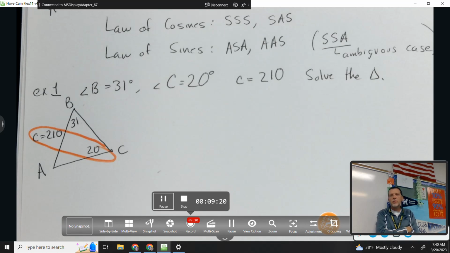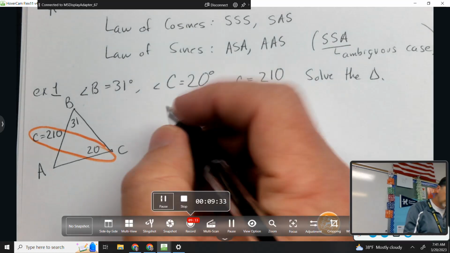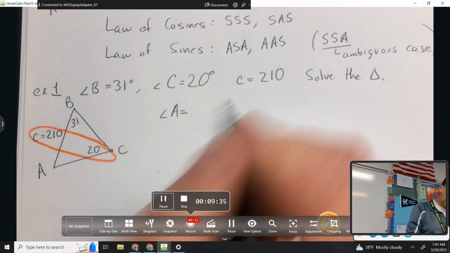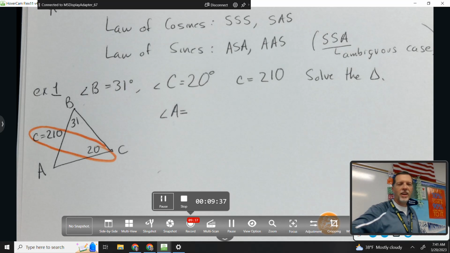Now, before we get too far ahead of ourselves here, is there part of the triangle you can find without even thinking about law of sines? Angle A. Because geometry experts, how are you going to find angle A?